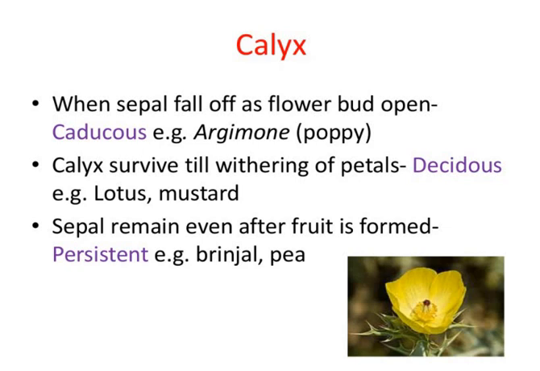In some plants, initially there will be a calyx, but as the flower bud opens, the calyx will fall away. This is called caducous calyx.